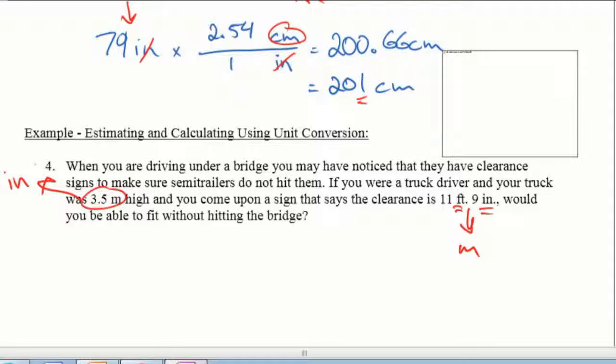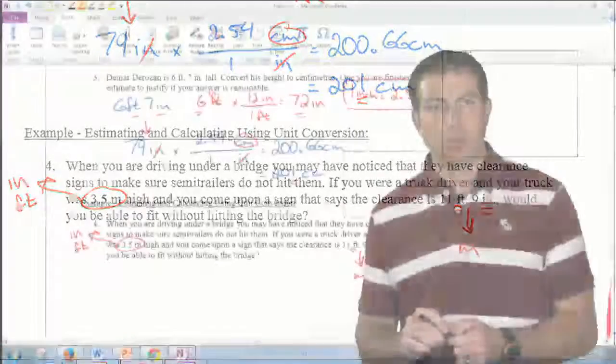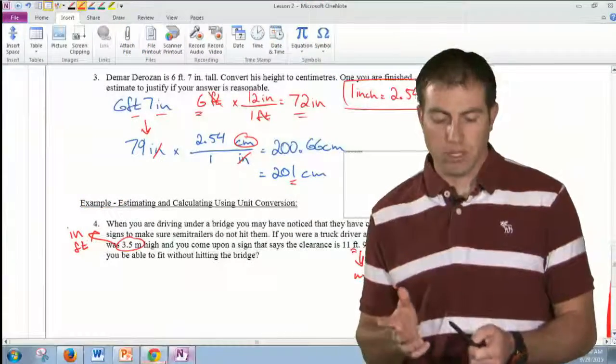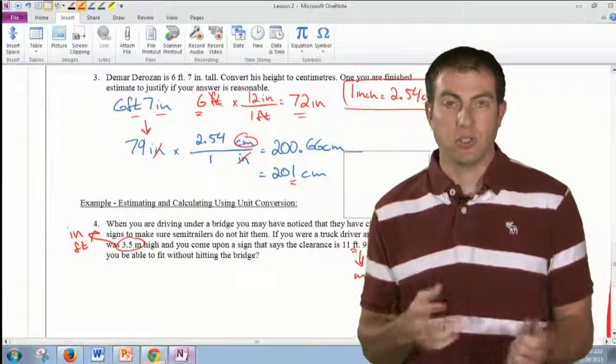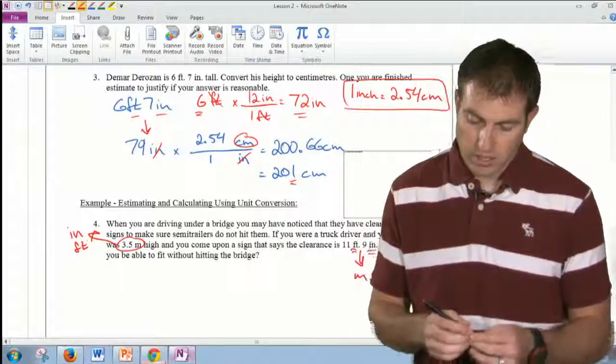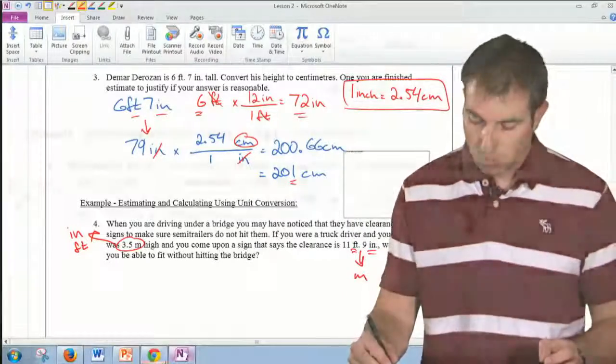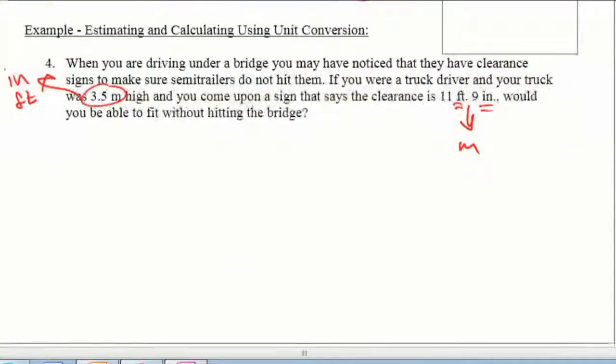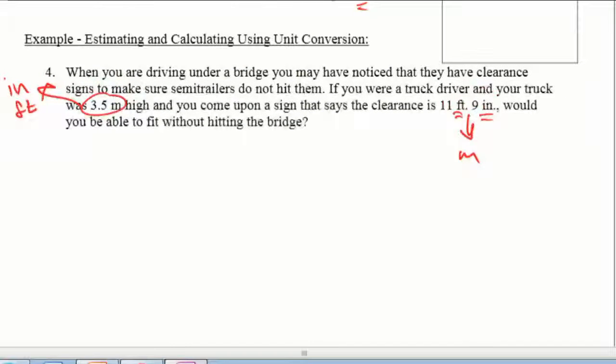It really doesn't matter. What I'm always inclined to do is convert my feet and inches into meters. It's just my personal choice. Maybe if somebody wants to do it the other way, they could. No method is more correct than the other. So don't think, oh no, I've converted my 3.5 meters into feet and inches and that's wrong. Definitely not. This is just how you've chosen to do it.